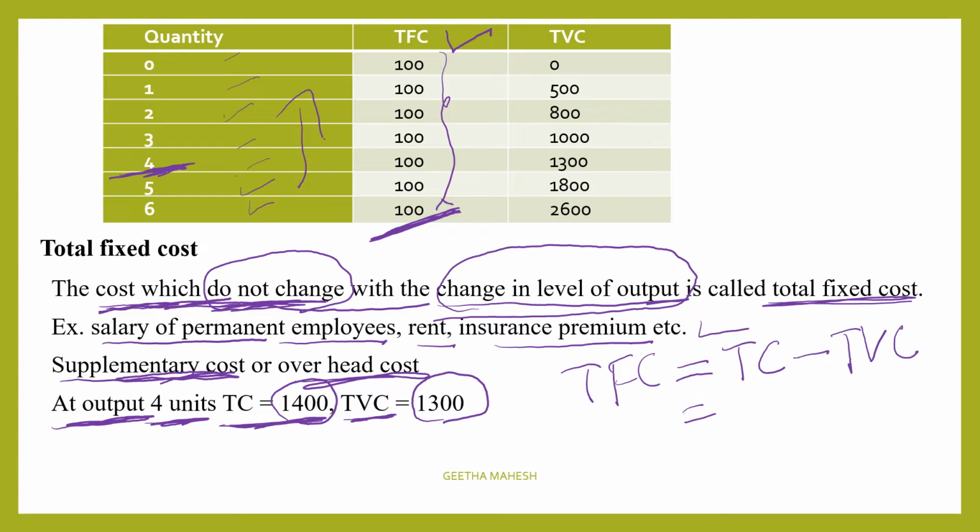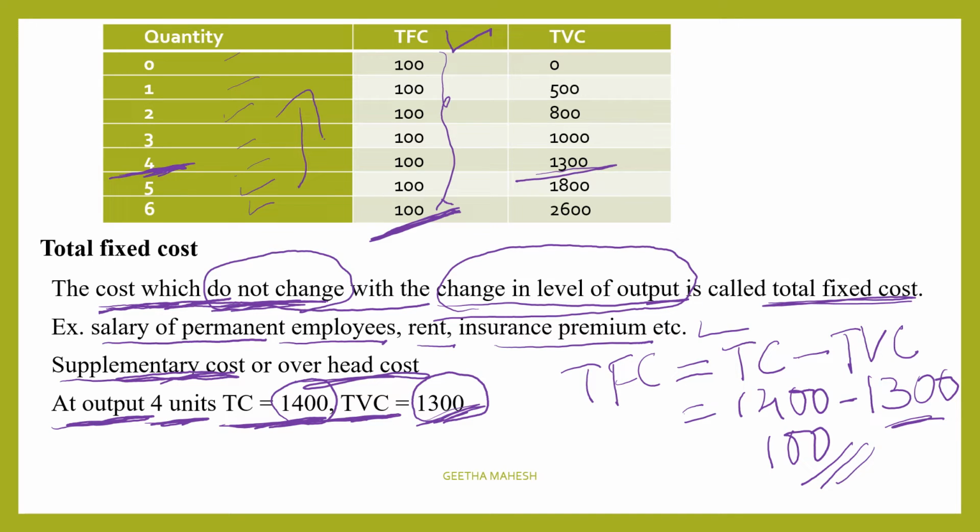So total cost is 1400 minus total variable cost 1300. So 1400 minus 1300 is equal to 100. So in the table you can see for producing 4 units of output, the total fixed cost will be 100.